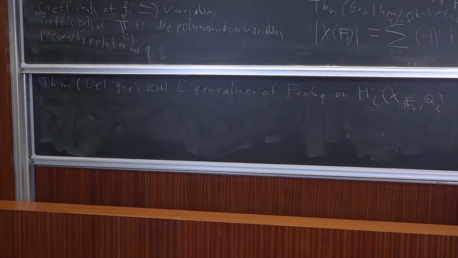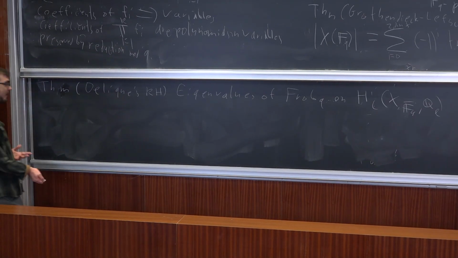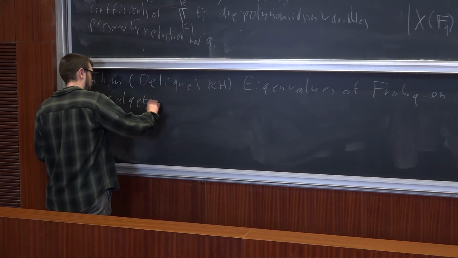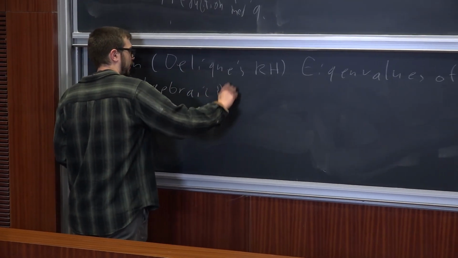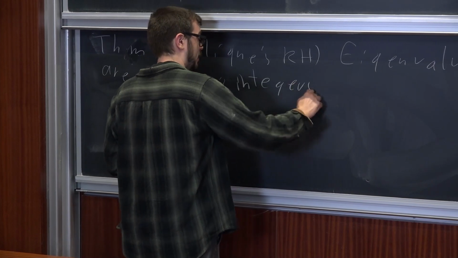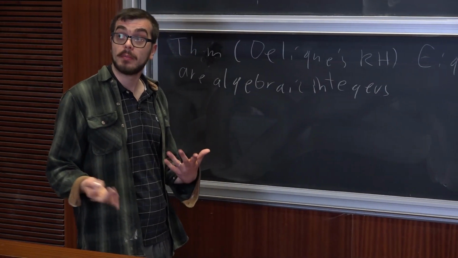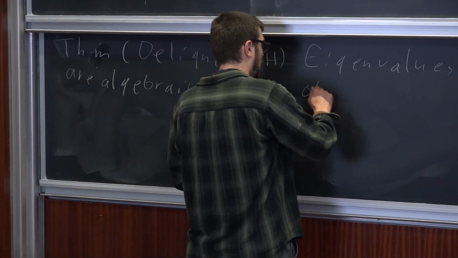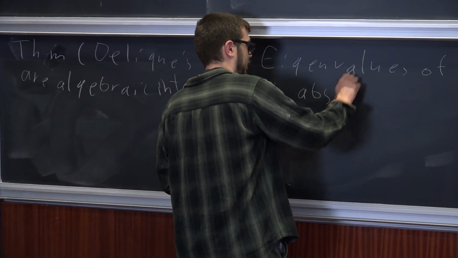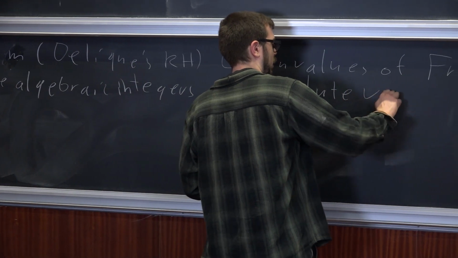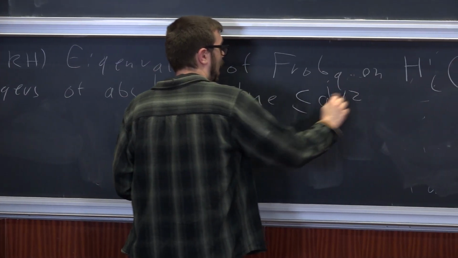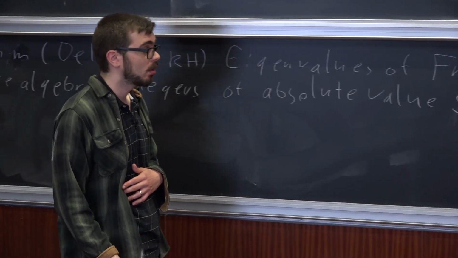A priori, these eigenvalues are l-adic numbers, but in fact they're algebraic integers. They're solutions of polynomial equations over the integers, which means that you can embed them into the complex numbers, look at the solutions of the same equation over the complex numbers, and then take their absolute value. And it's bounded by q to the i over 2.